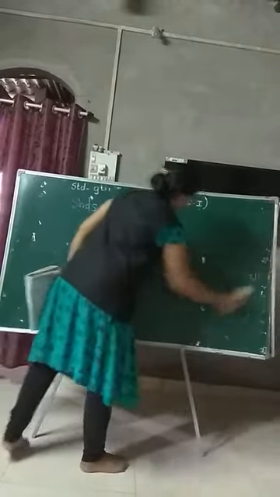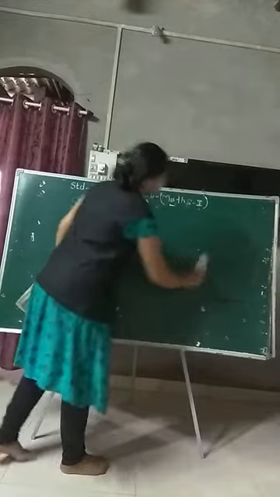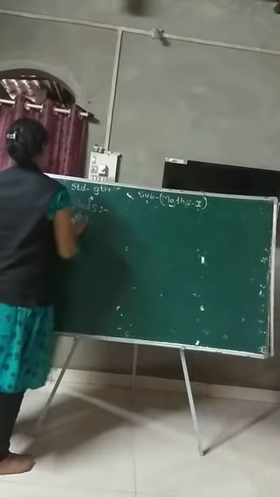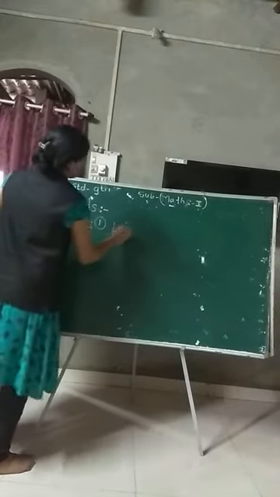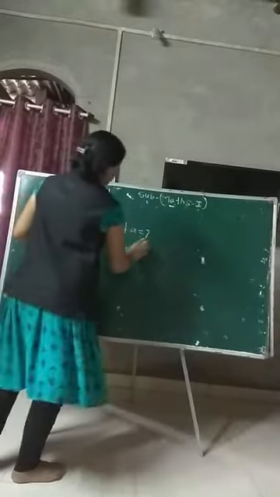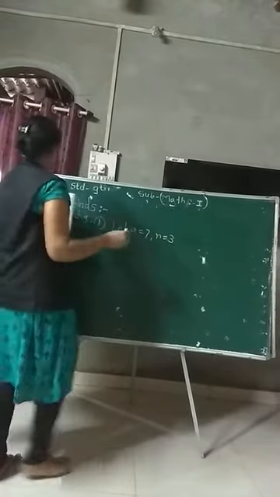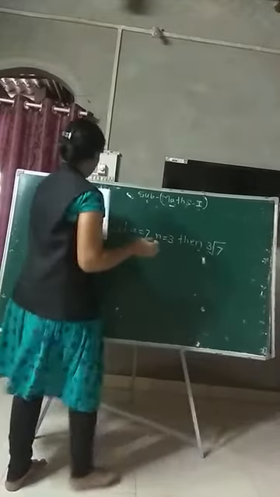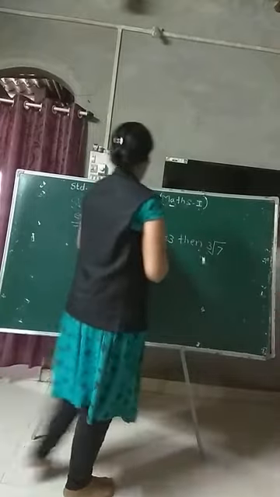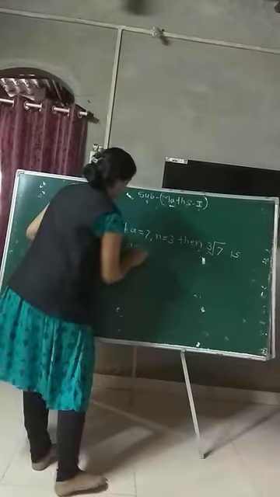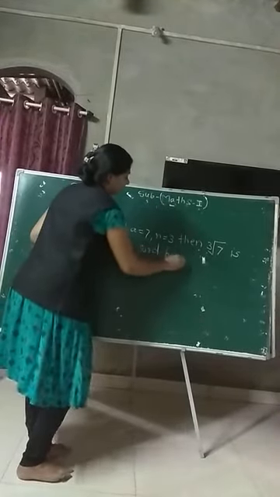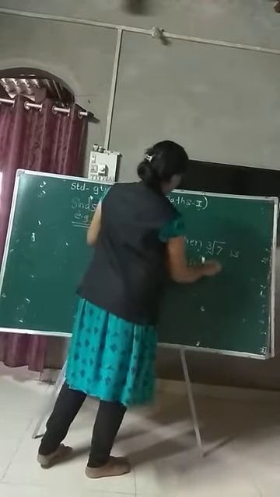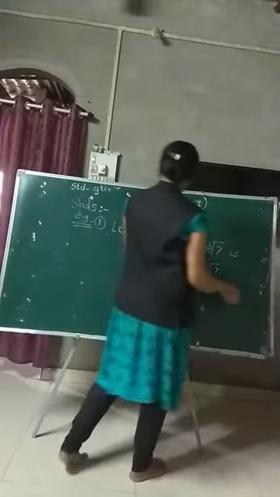For example, first, let a is equal to 7, n is equal to 3, then third root of 7 is a surd, because third root of 7 is an irrational number.